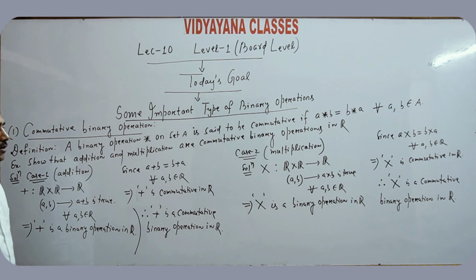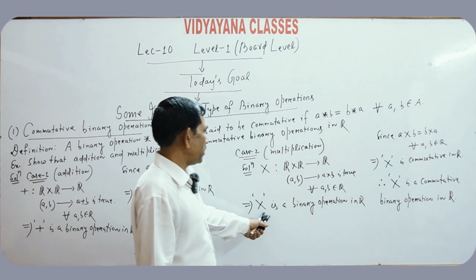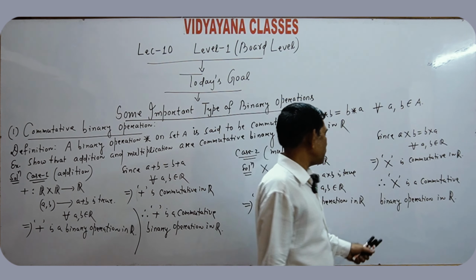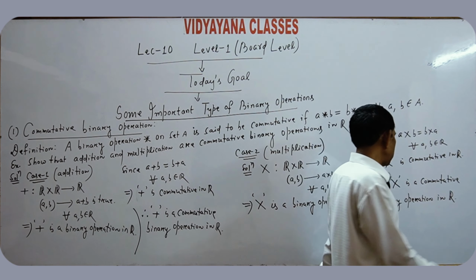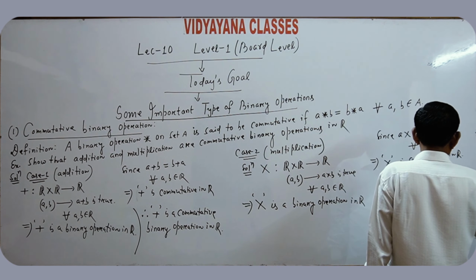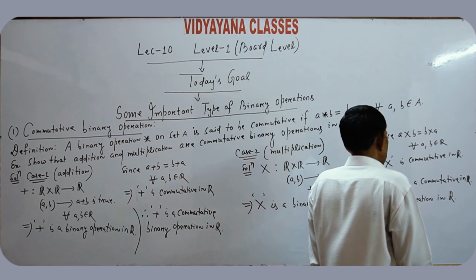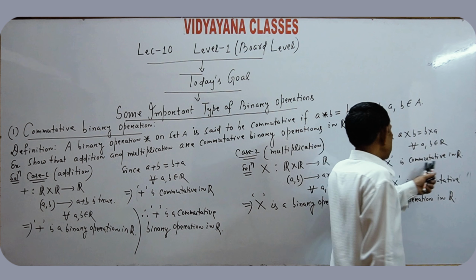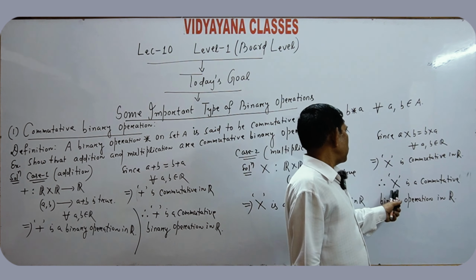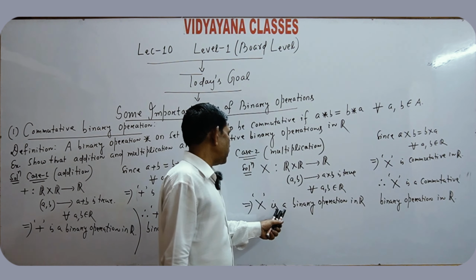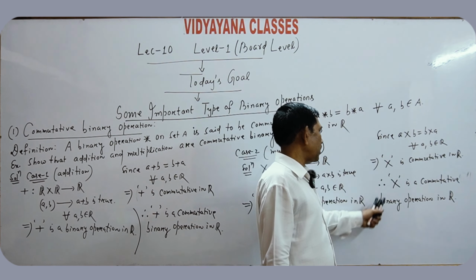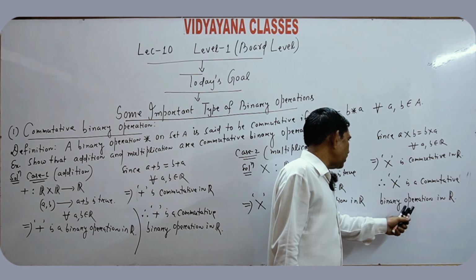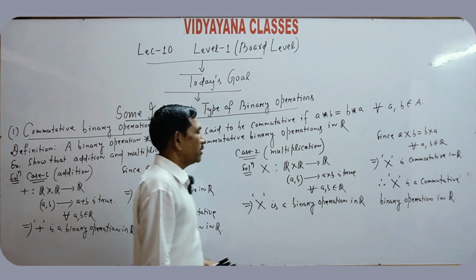Clear? Multiplication is a binary operation in R, and multiplication is commutative in R. Therefore, multiplication is a commutative binary operation in the set of real numbers.